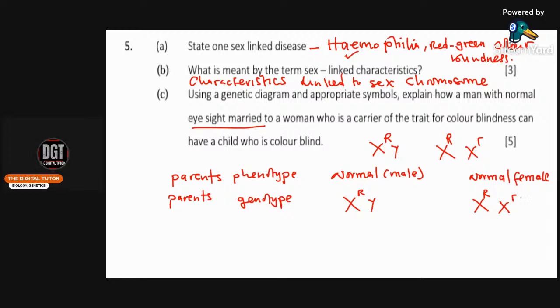Then we go for gametes. What did we say? We put them in circles. So we're going to have X^R circled, then of course Y.